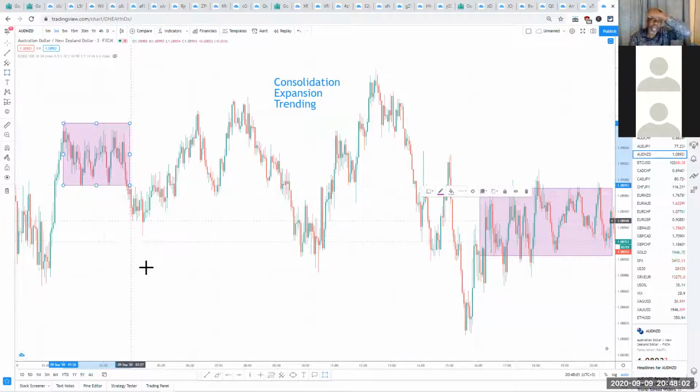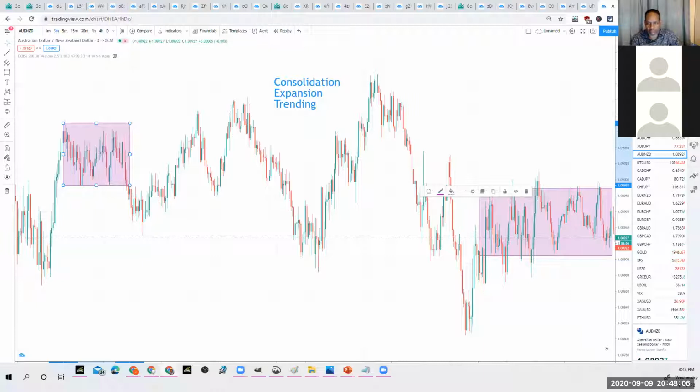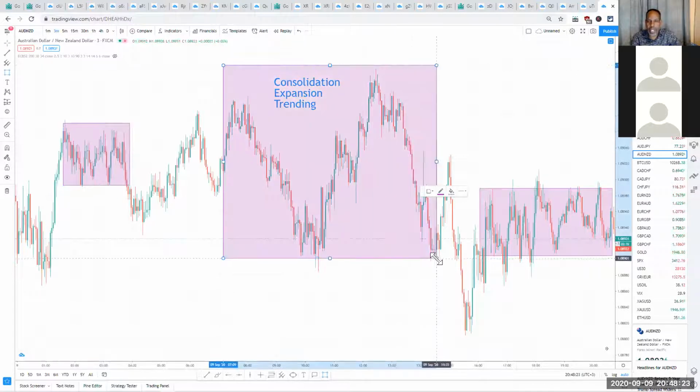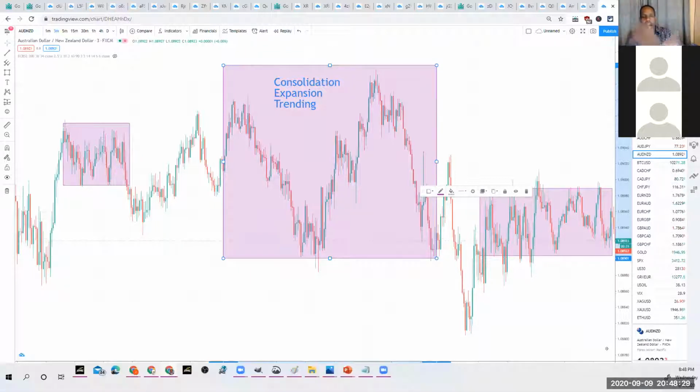All right, then you also have an expansion area. Okay, let me get that to show you an expansion area. It can be large or small. Okay. This is an area where the market is expanding, all right? And basically what we mean by expanding is that it is now unable to decide which direction to take.